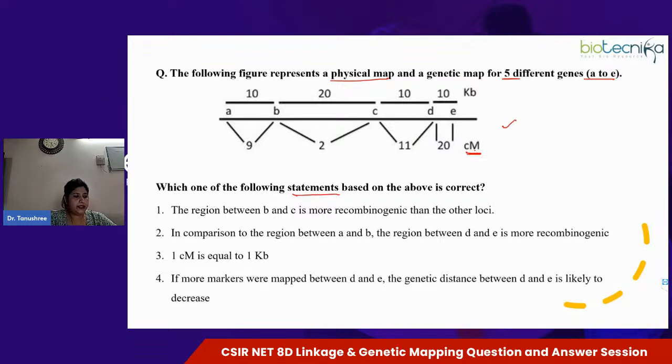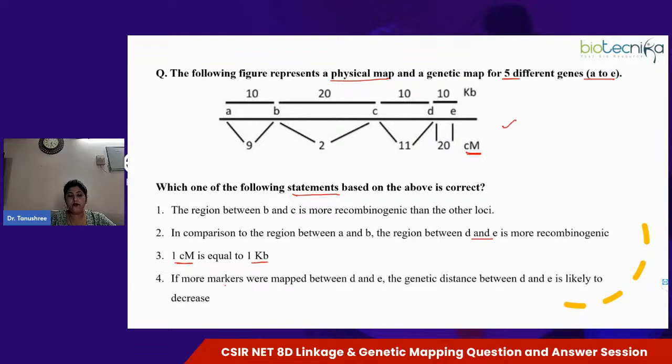So go through the statements and tell me what is the answer over here. Which of the following statements is correct? First, the region between B and C is more recombinogenic than other loci. Then the second statement is, in comparison to the region between A and B, the region between D and E is more recombinogenic. Then it is mentioned 1 centimorgan is equal to 1 kb.